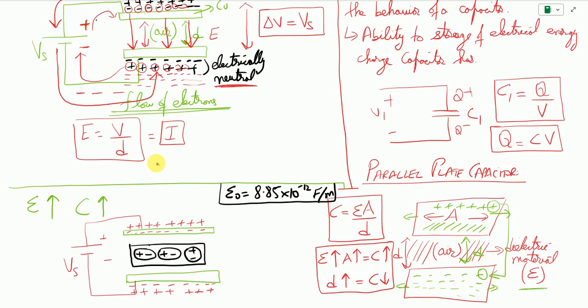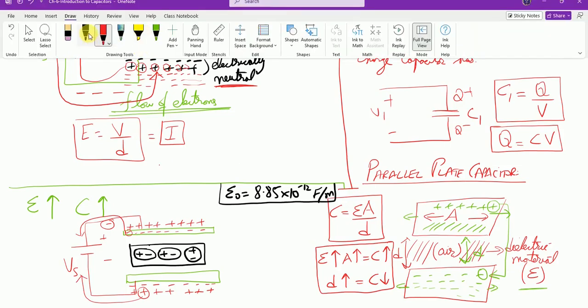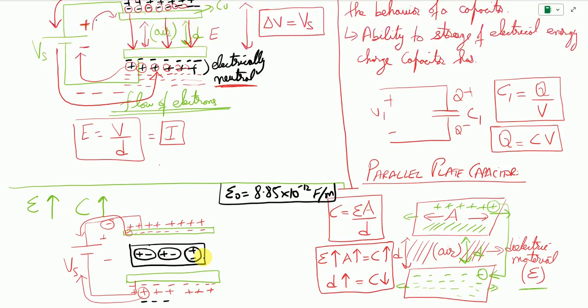We already have seen that the negative ions will disappear from the positive side. The negative ions will start to flow over this side, and similarly on the bottom side, positive ions will also disappear. The only thing we are going to be left with is the negative ions in the bottom plate and positive ions on the upper plate.